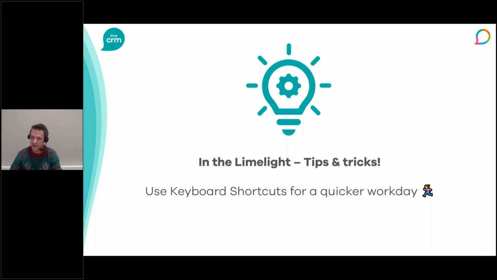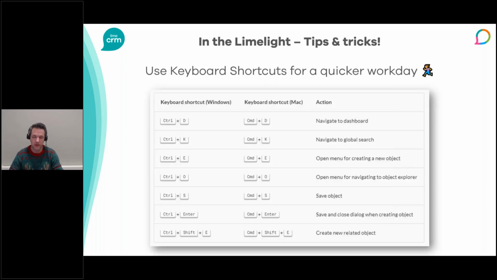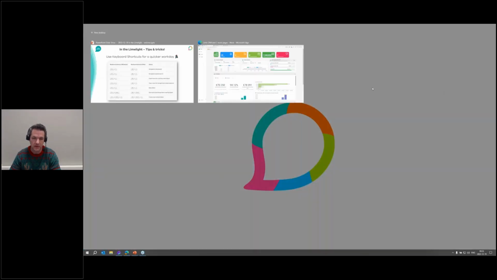So keyboard shortcuts are the feature to use for those of you who are a bit more power user and are used to quickly navigating applications using your keyboard. So we've included a couple of shortcuts for you to navigate easily in Lime CRM. So I'm gonna demonstrate how this works.